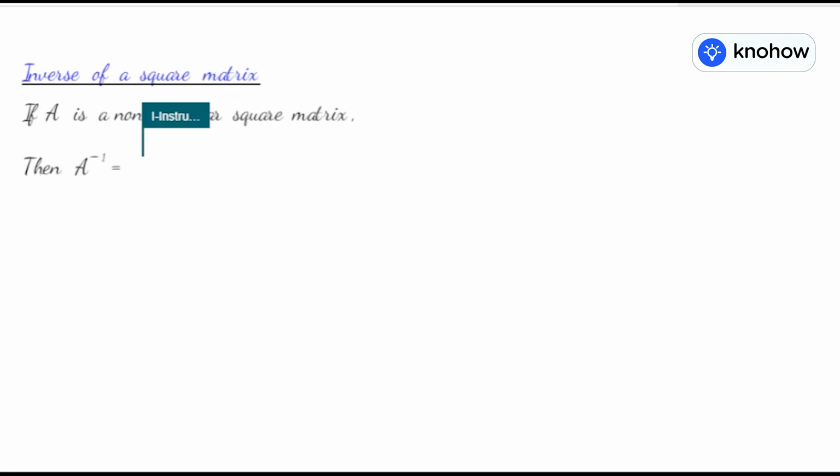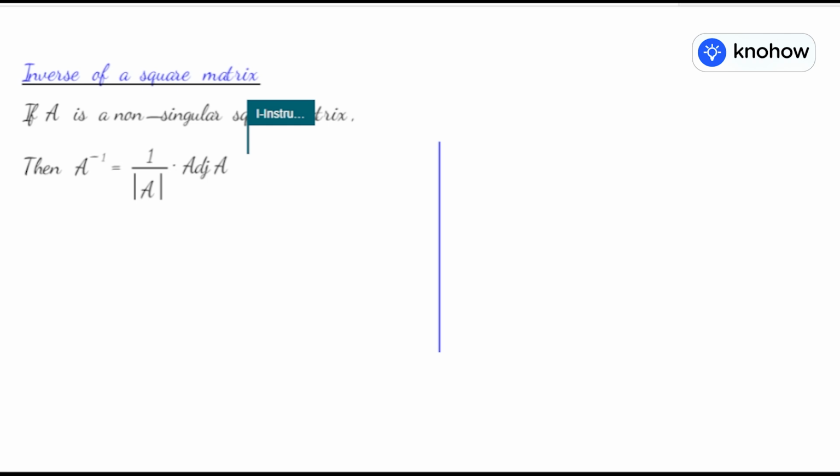Given is a non-singular square matrix, remember, then A inverse is defined as 1 by determinant A into adjoint A. The proof is simple. Just now you had noted. Why so? You had noted that any square matrix A multiplied by its adjoint A can easily be verified, gives you determinant A times identity matrix of the same order.